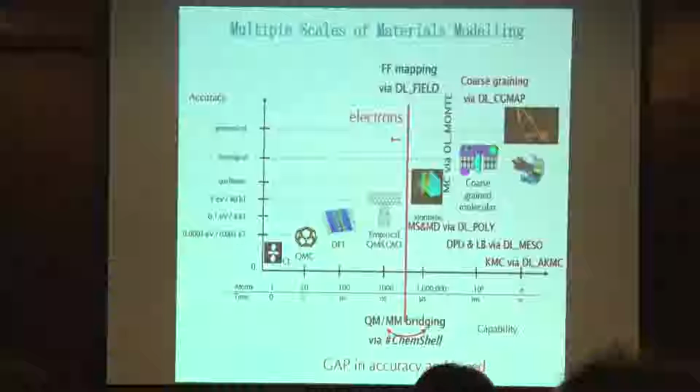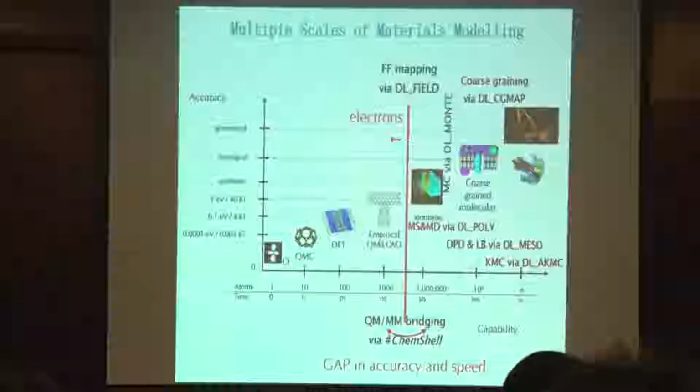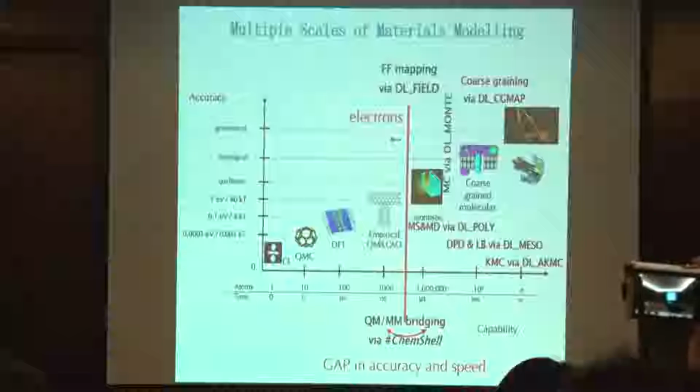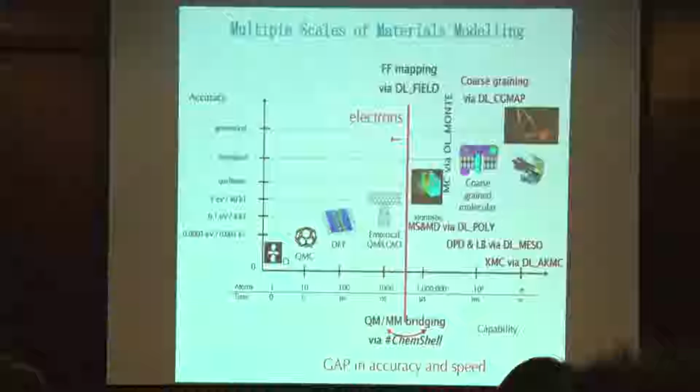For atomic processes, like when you study material deformation, particularly defect formation and its evolution, molecular dynamics is what we use.